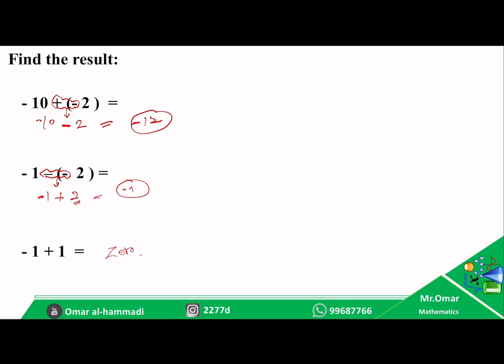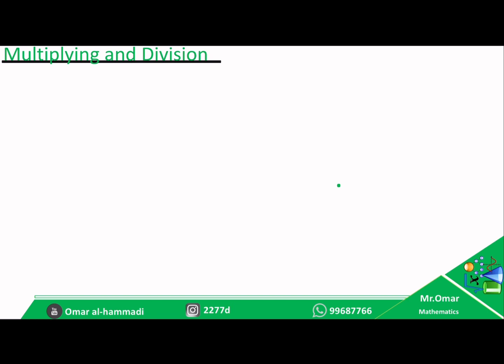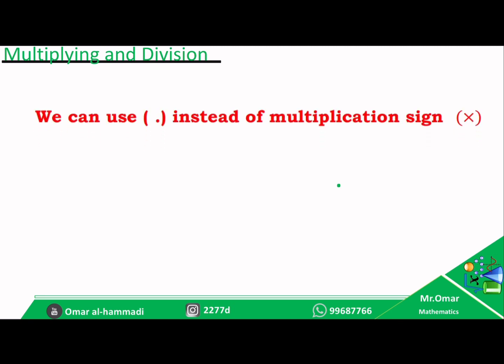And minus 1 plus 2 will give us what? Plus 1, because the larger is positive. Minus 1 plus 1 will immediately give us 0. When we have the same number with different signs, it immediately gives us 0.